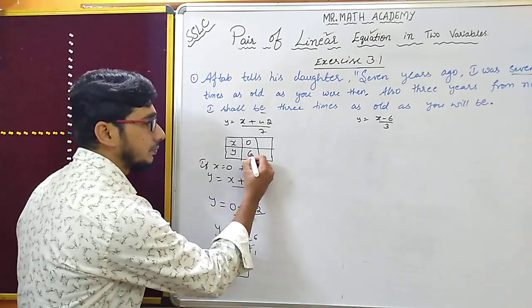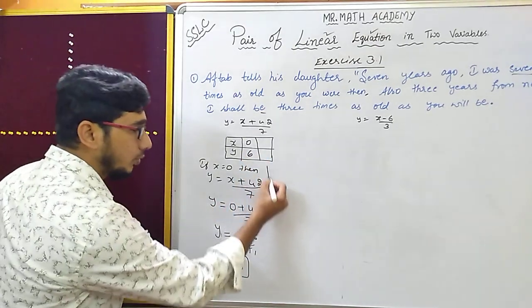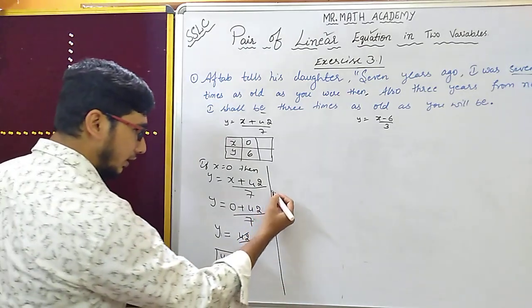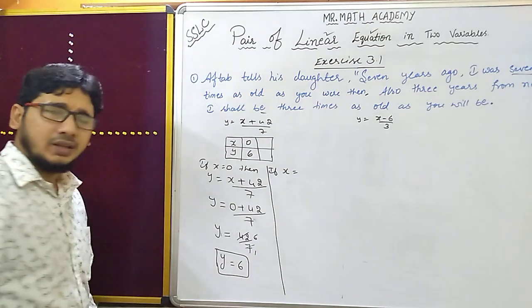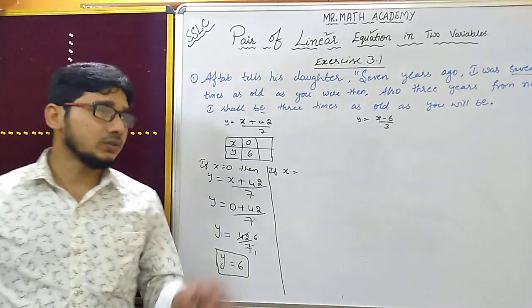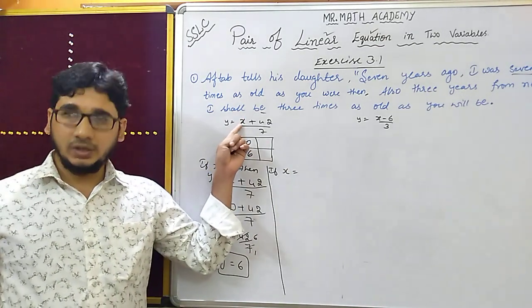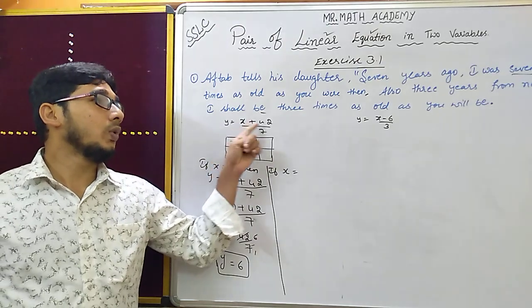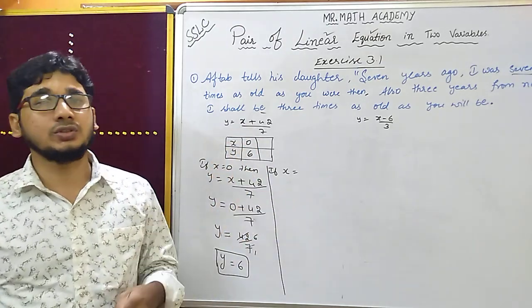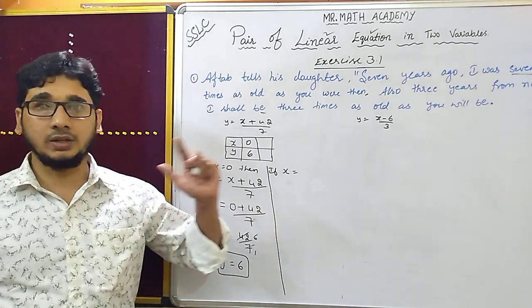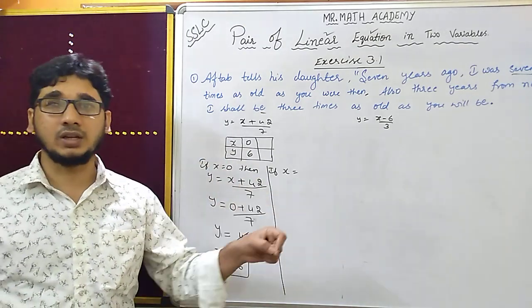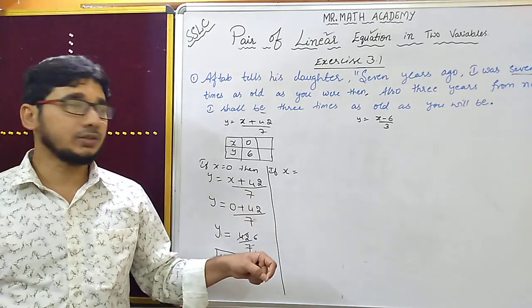I'll write here. Now next I'll take one more value for x. I can take any value: 1, 2, 3, 4, any value. Just imagine if I take 1 here, 1 plus 42 is 43, which is not divisible by 7, so we'll get a decimal. Then you will find a little bit of confusion in how to plot the points in the graph. This is the initial stage.